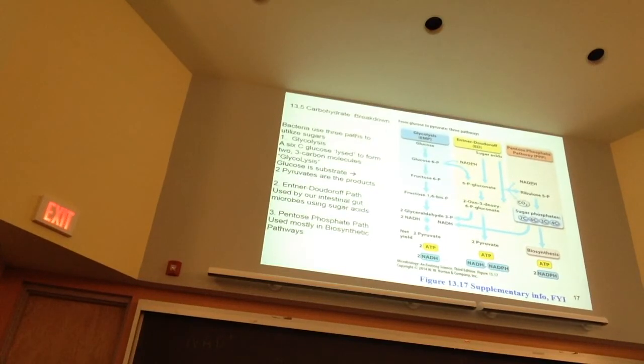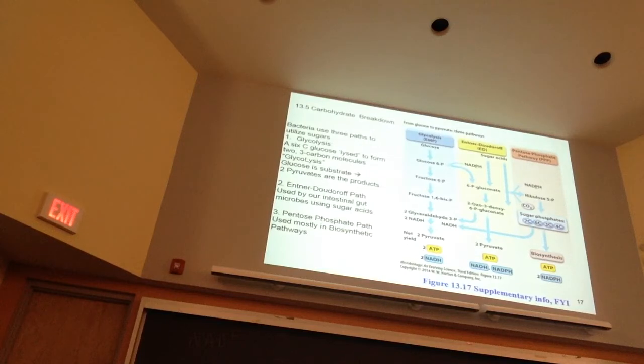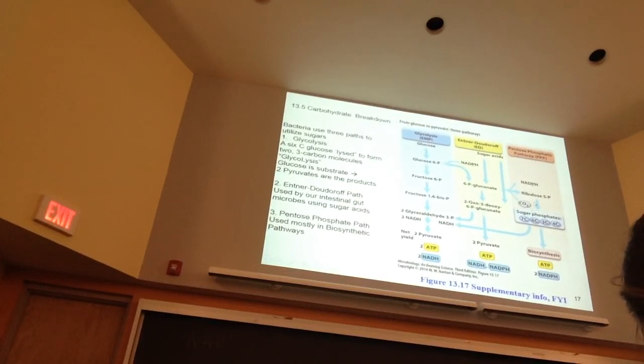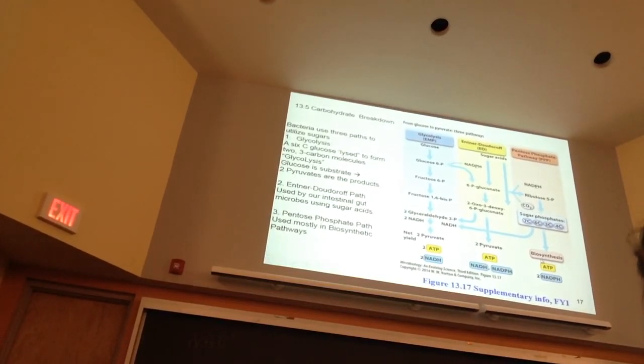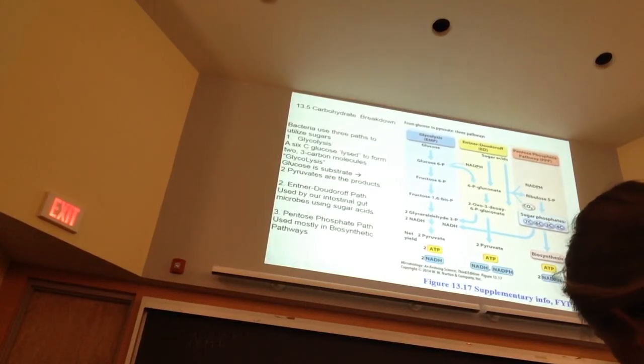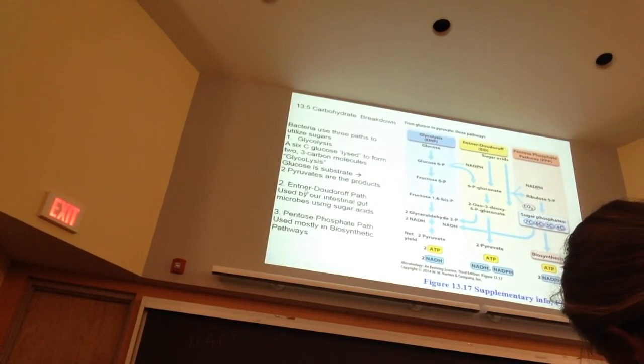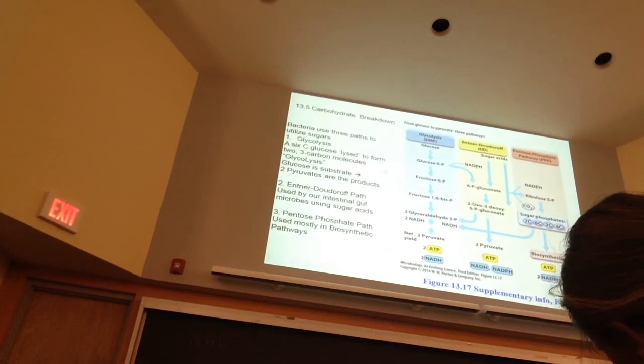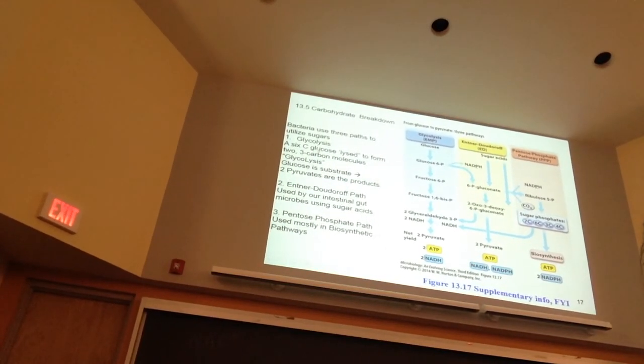If we're interested in our metabolism, we are interested in the Entner-Doudoroff pathway because that is commonly used by the gut microflora in our GI tract. And then the third one is the pentose phosphate pathway, which is involved in biosynthesis. So, in diminishing amounts of information, I want you to know especially glycolysis.